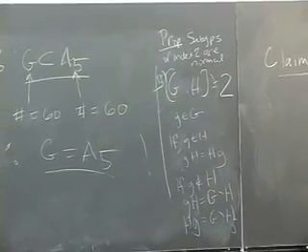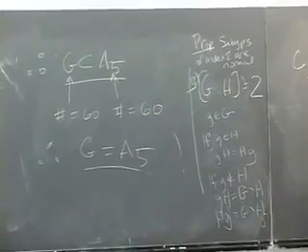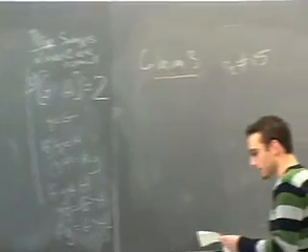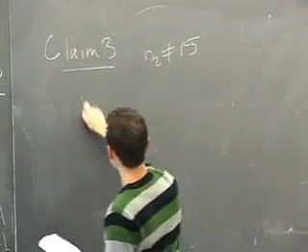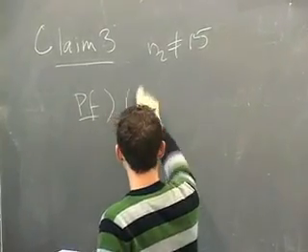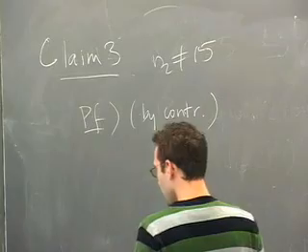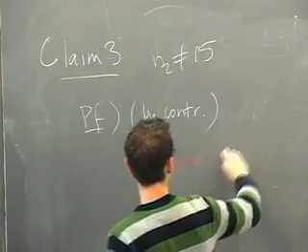Claim 3: n2 is not 15. I'm going to skip over a lot of the details here because it gets to be a bit hairy, but again, it's one of these proofs by contradiction. So suppose it is.